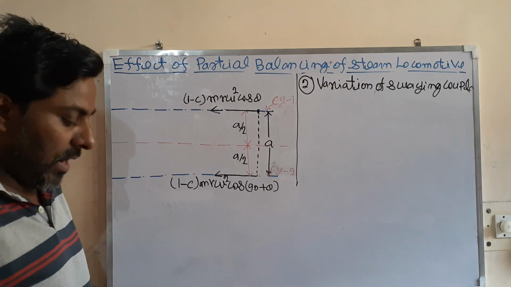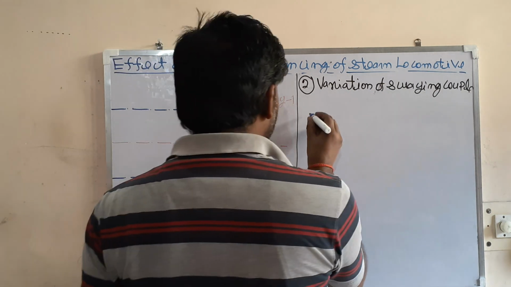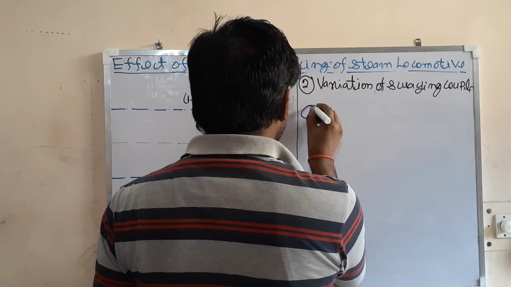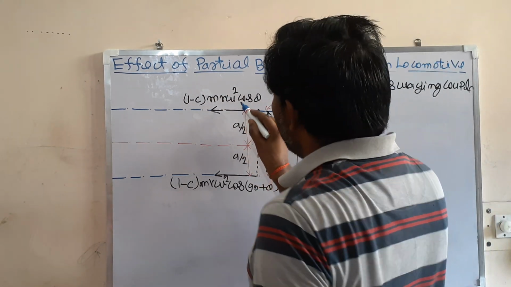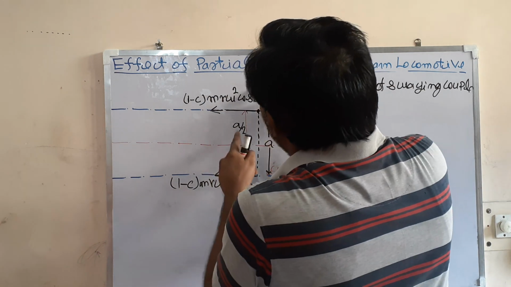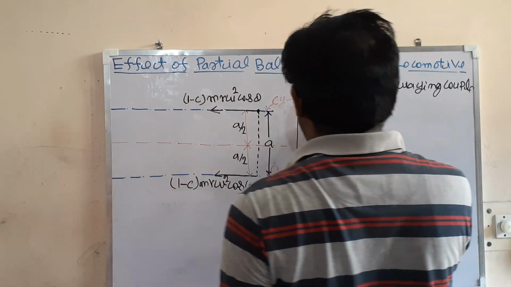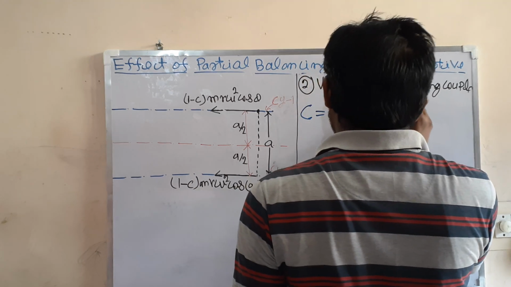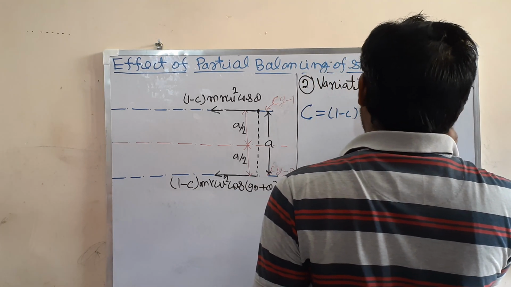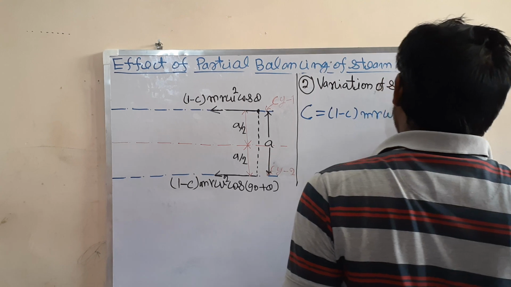Let us find out the expression for the swaying couple. It is generally denoted by C. Take the moment about the mid center line. The moment of this force will be the force into the distance a by 2, so this will be (1 - c) m r ω² cos θ into a by 2.